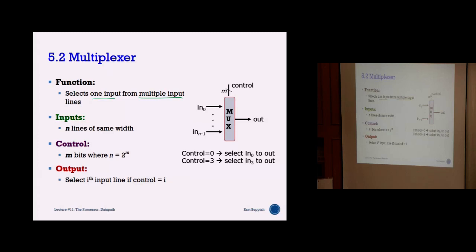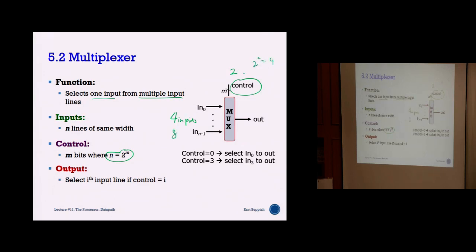It is basically through the control lines. The control line is m bits, and based on that you have so many outputs. For example, if I have 4 inputs, how many control bits must I have? 2 bits, correct? So 2 to the power of 2 must equal 4.